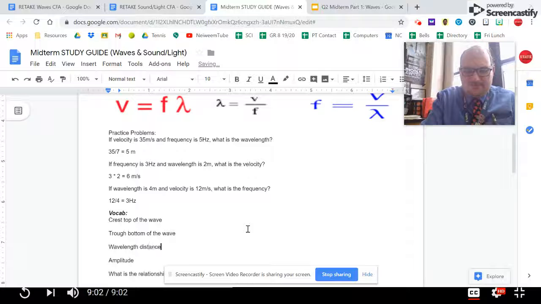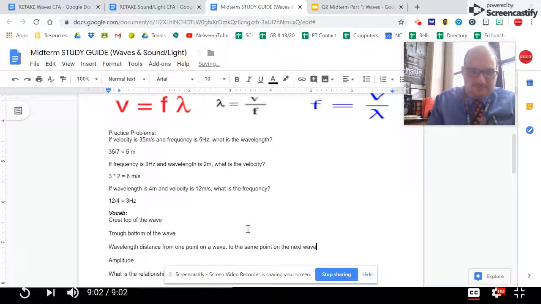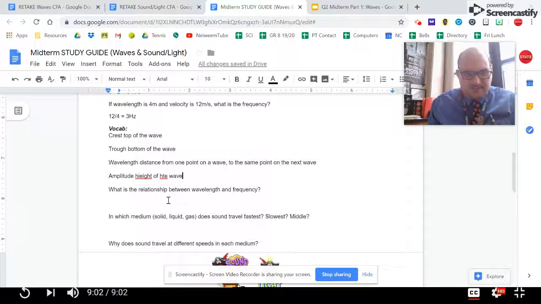Wavelength, distance from one point on a wave to the same point on the next wave. Amplitude, height of the wave. I know it's spelled wrong. What's the relationship between wavelength and frequency?